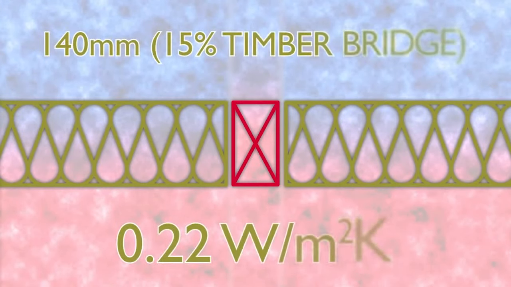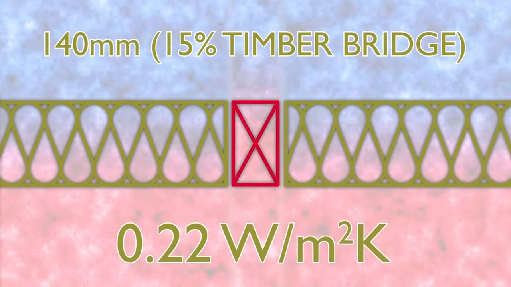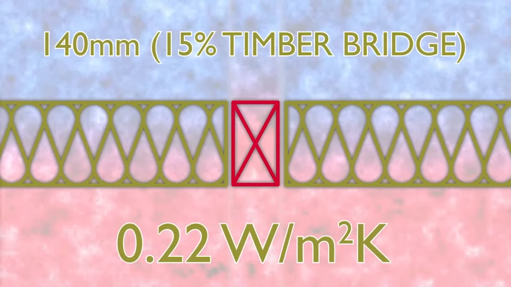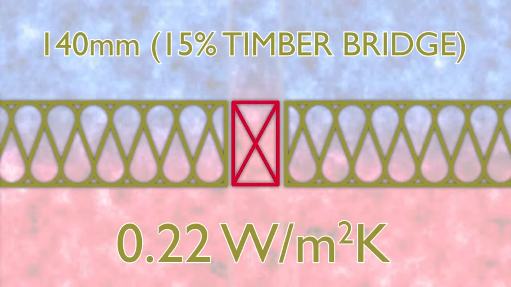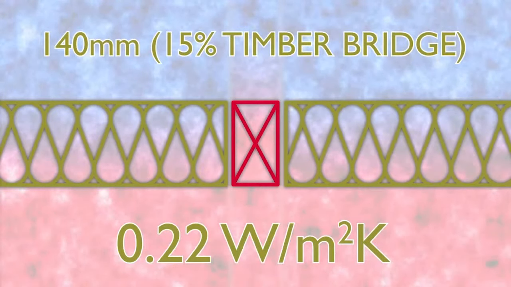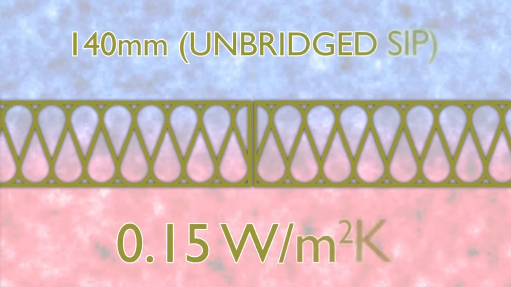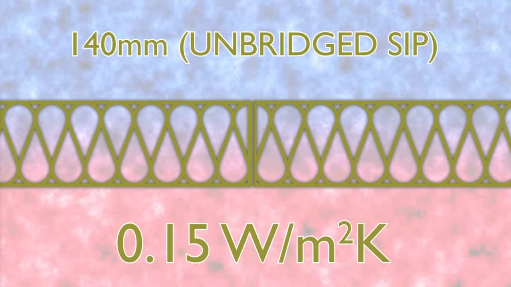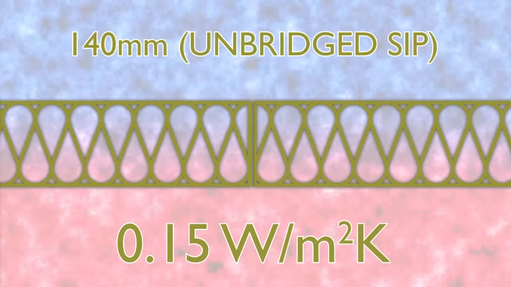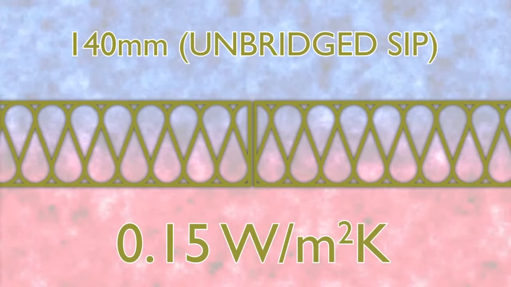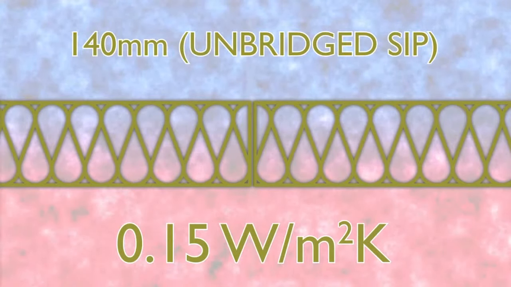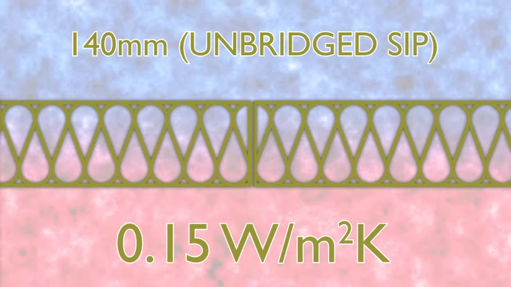If we consider a 140 mm thick panel of rigid foam insulation, if we use this in a typical timber frame wall, the U value then adjusted to account for cold bridging at the timber stud will work out to around 0.22. On the other hand, if we eliminated this cold bridging but used the same thickness of insulation in, for example, a structural insulated panel system, the U value drops to 0.15, purely due to the lack of repeating thermal bridges at the studs.